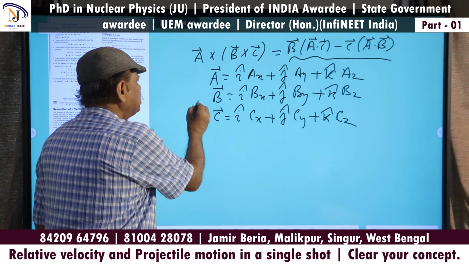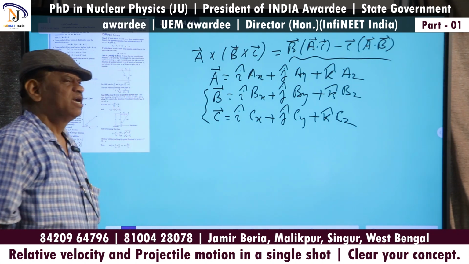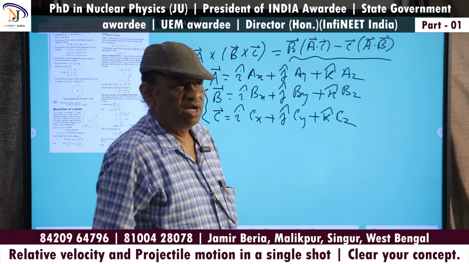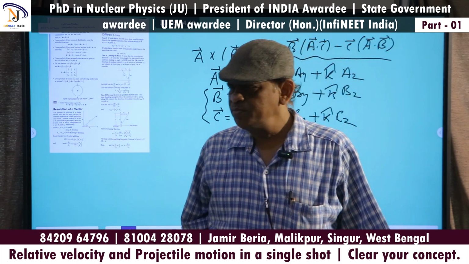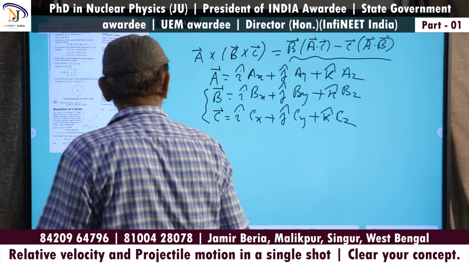Okay, you just take the cross product between A and B cross C. Very easy, you see.